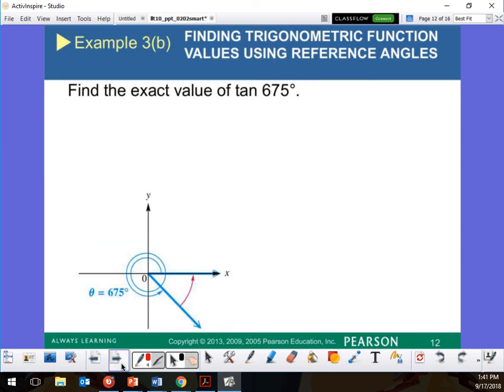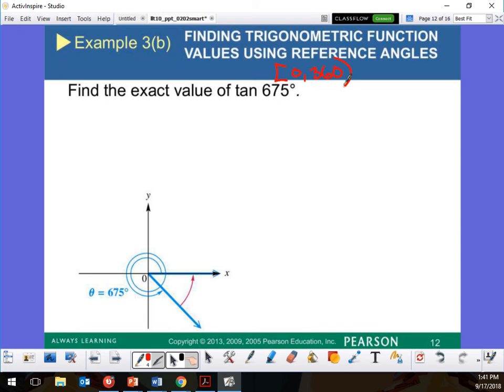This one doesn't have a C, does it? No, okay. Find the exact value of tan 675. Is it enough, too much, or not enough? Too much, from 0 to 360. If it's too much, you start by doing what? Subtract.